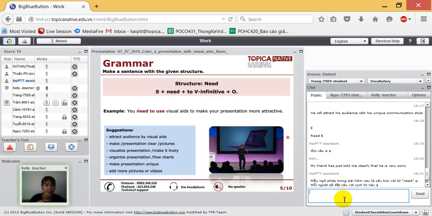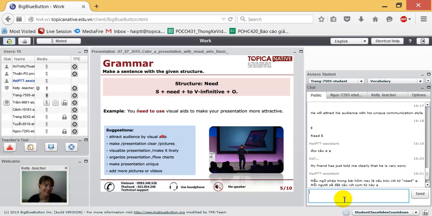I would say you need to attract your audience, or you need to attract the audience. Okay, so we need something between attract and audience when we fill out the sentence. So this is just very short form, but in the sentence itself, we would say you need to attract your audience by visual aids, or attract the audience by visual aids.